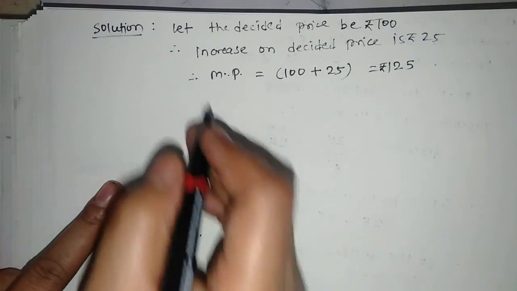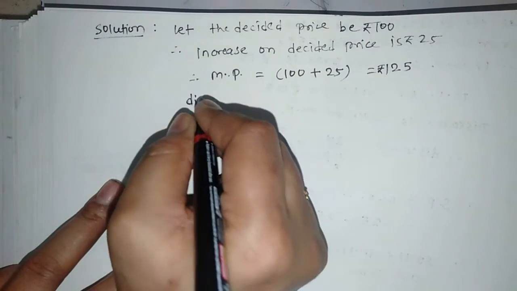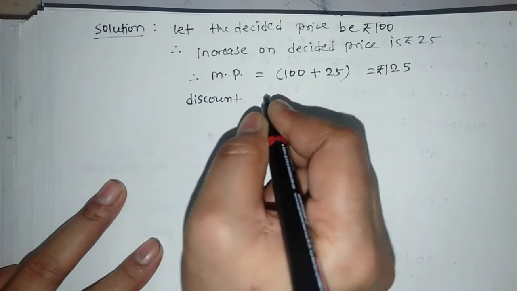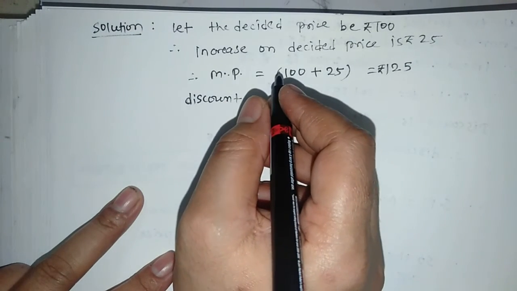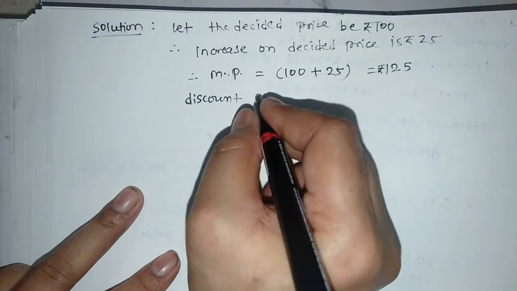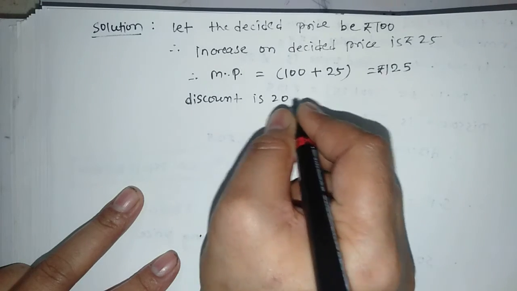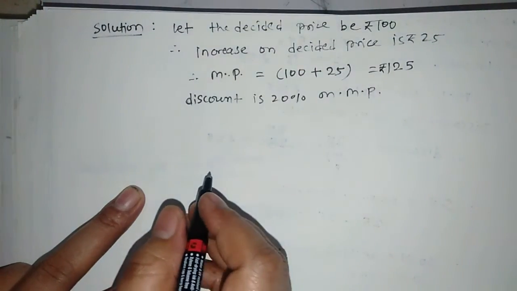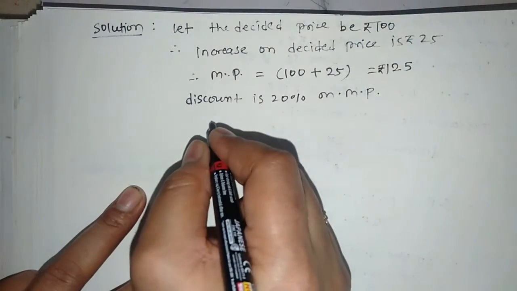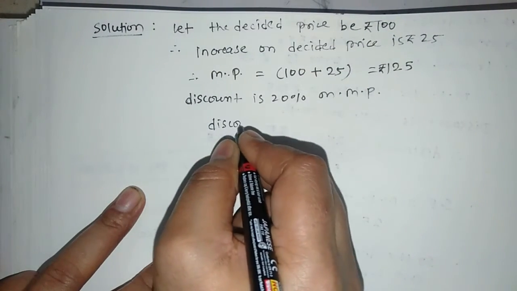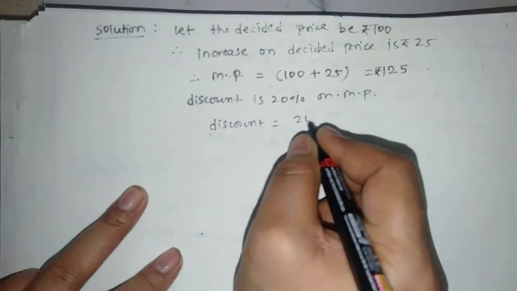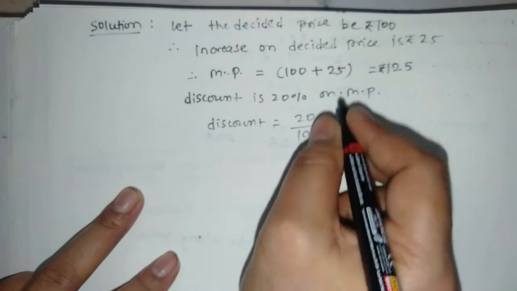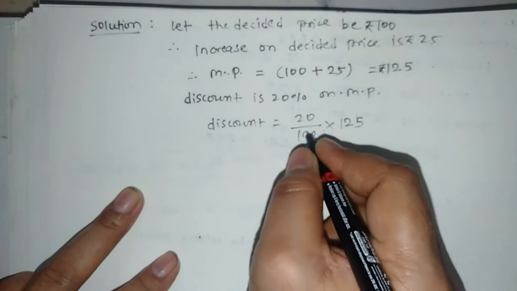So what is the discount is given? Discount is 20% on the mark price. So here we calculate the discount. So therefore discount is equal to 20 upon 100 multiplied by mark price.